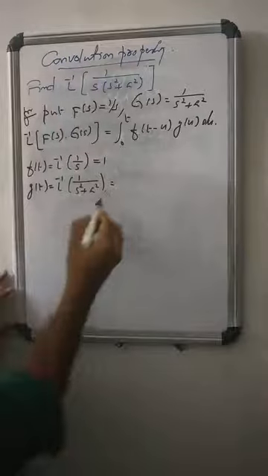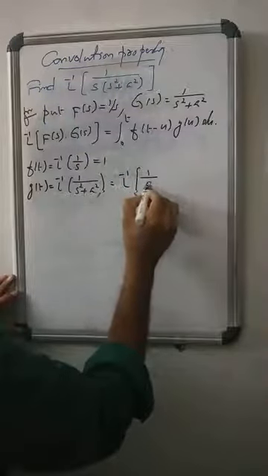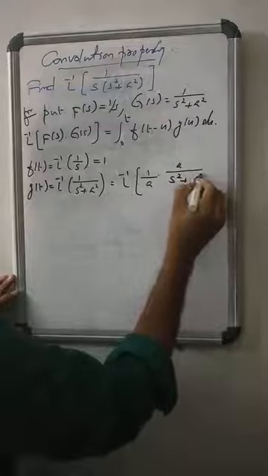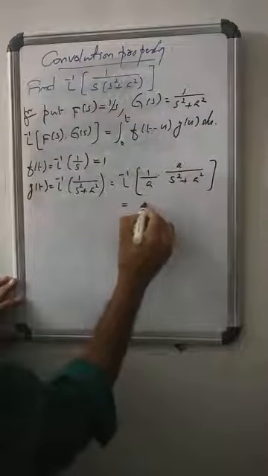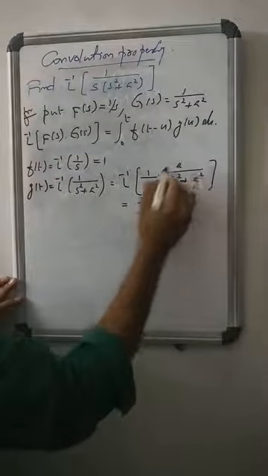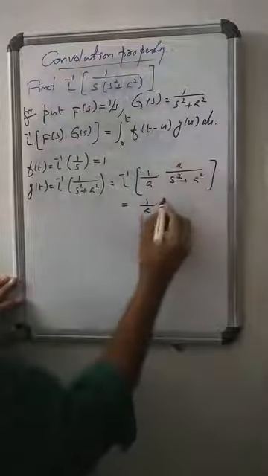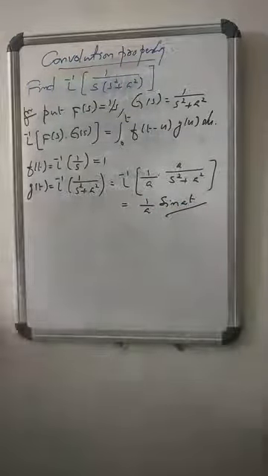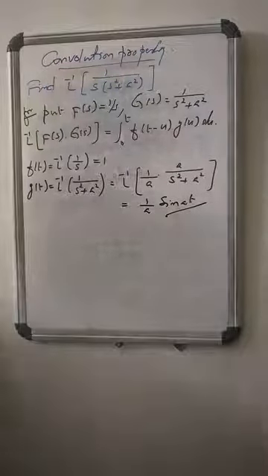So it is nothing but L inverse of 1 by a into a by (s square plus a square), that is 1 by a into L inverse of this one by linearity. What is L inverse of this one? It is sin at. So f of t is 1 and g of t is 1 by a sin at.